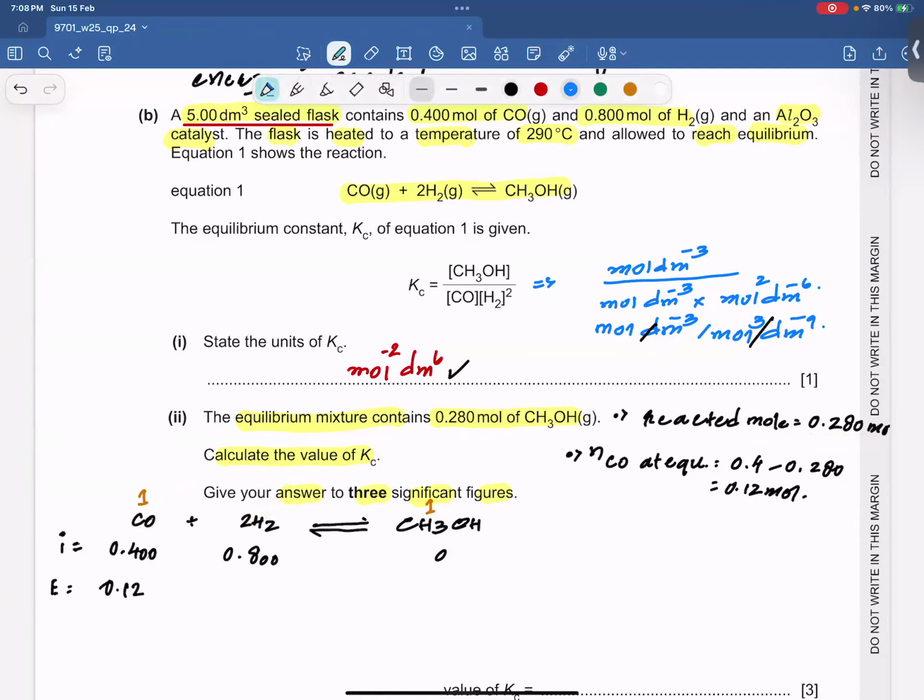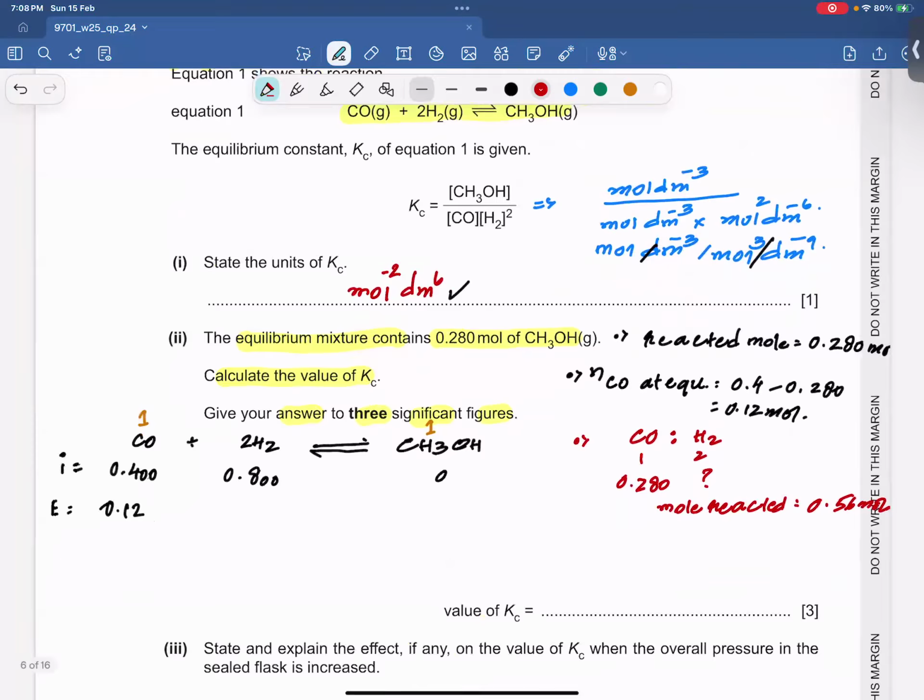So let me change the color so that you will get the idea. The molar ratio between carbon monoxide and hydrogen is 1:2. If 0.280 moles has been reacted from carbon monoxide, the moles reacted from hydrogen should be twice, and 0.28 times 2 is going to be 0.56 moles.